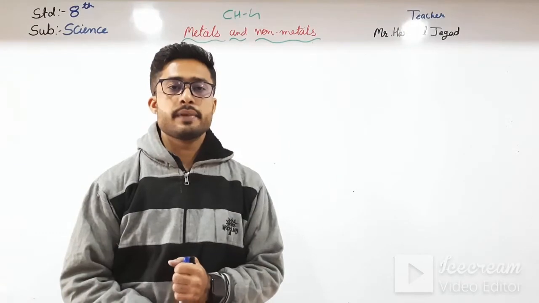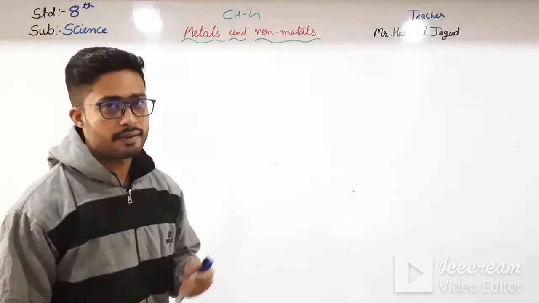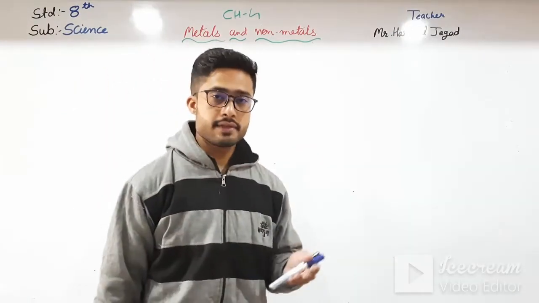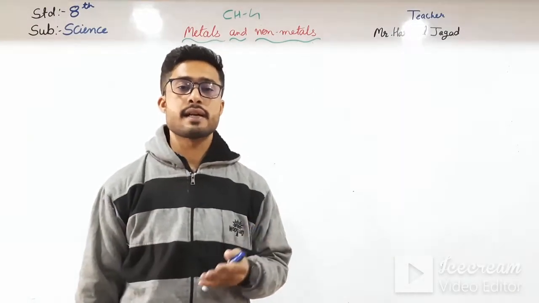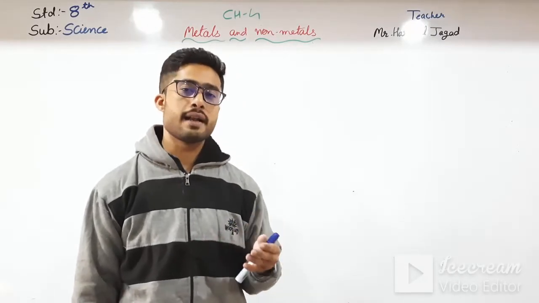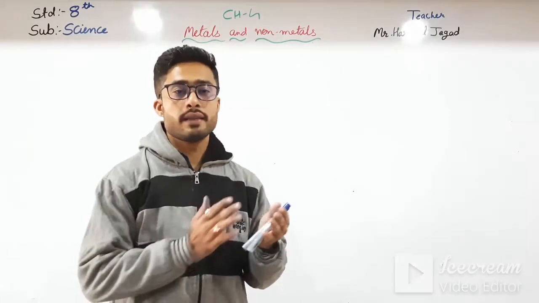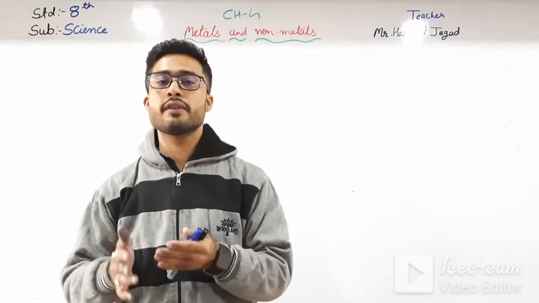So, in the previous videos, we have been going through chapter number 4, that is metals and non-metals. In the previous video, we started the chemical properties of metals and non-metals. In that, we saw what we get when metals and non-metals react with oxygen.